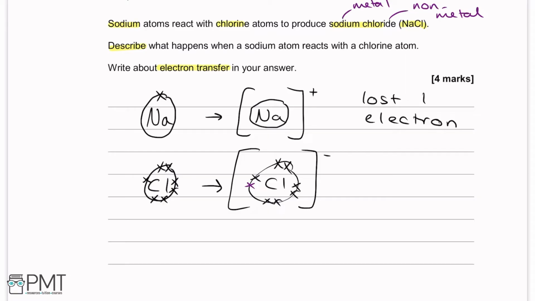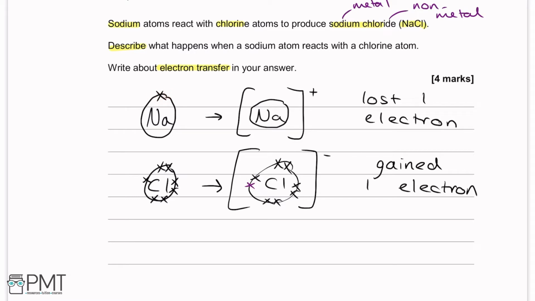Okay, so chlorine has gained 1 electron. So now the question is, where has this electron that chlorine has gained come from? Well, this electron on the chlorine atom has come from the sodium.